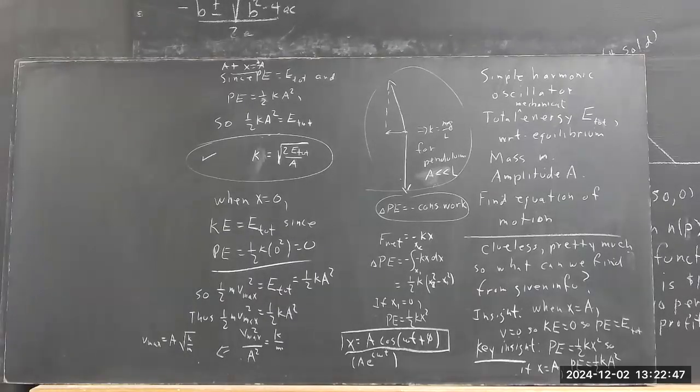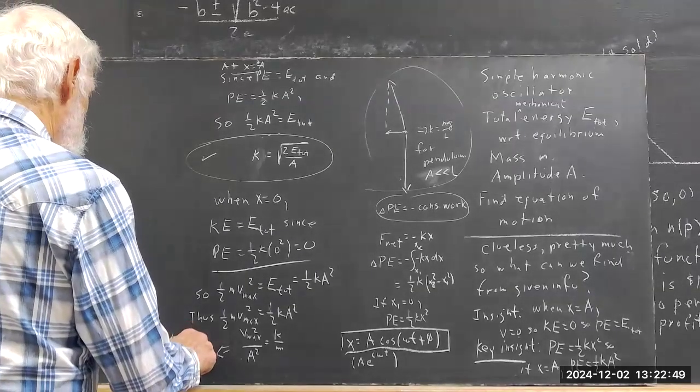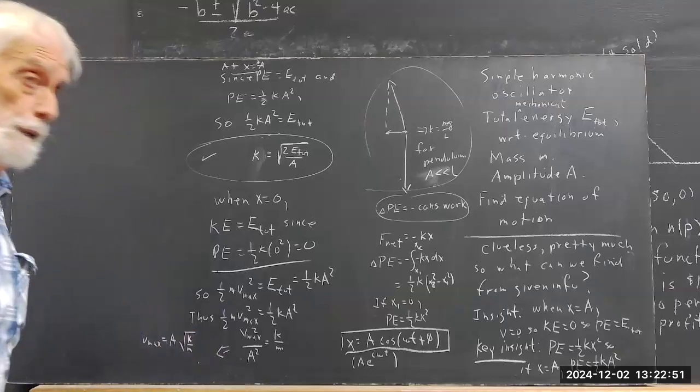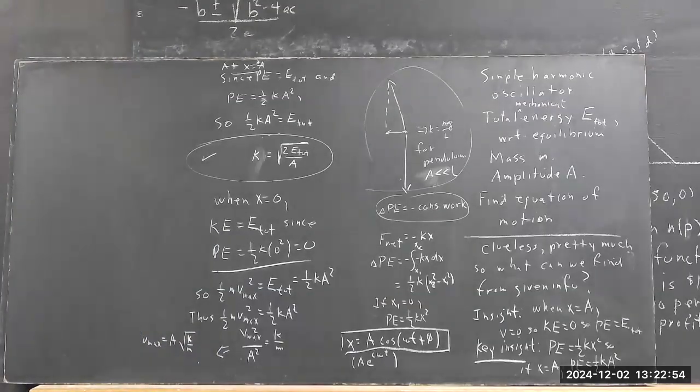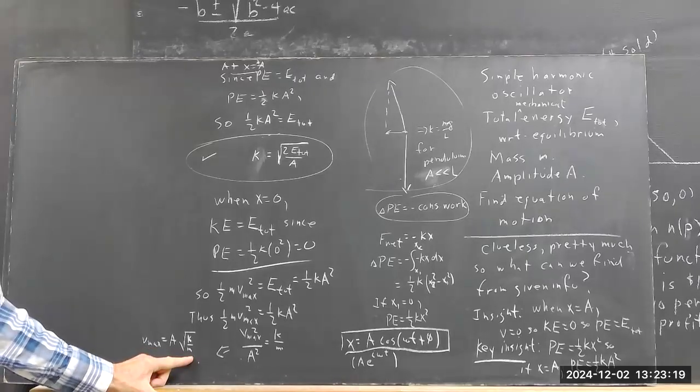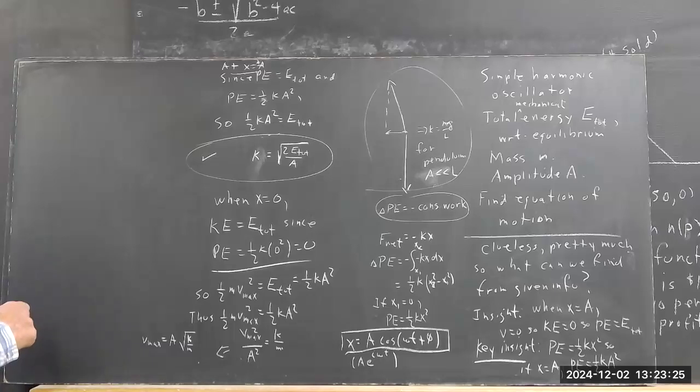Now, what's the big deal about the square root of K over M? Somebody identified this as omega, right? And you're right. Why is that omega? Let's just go back to the differential equation.